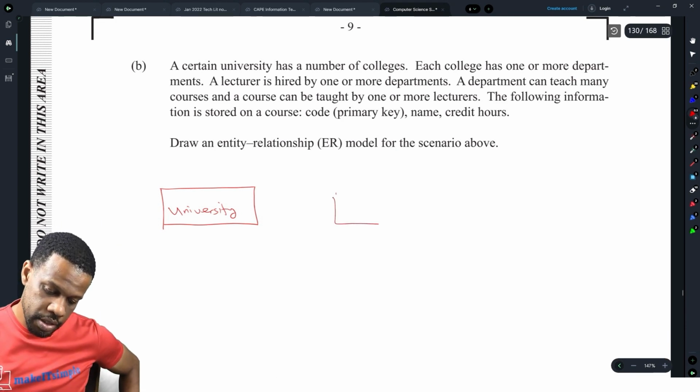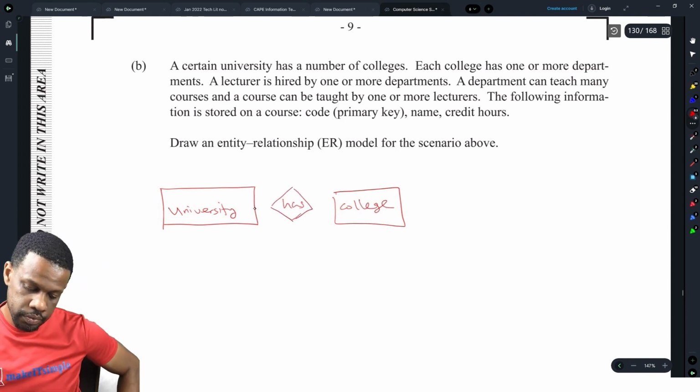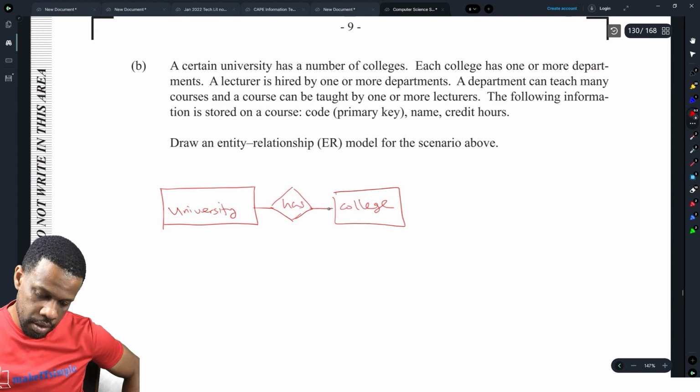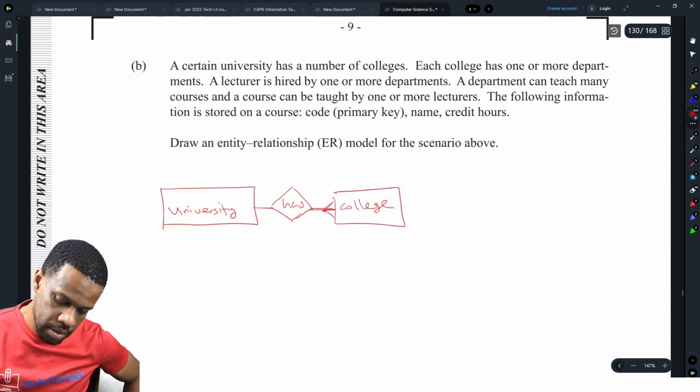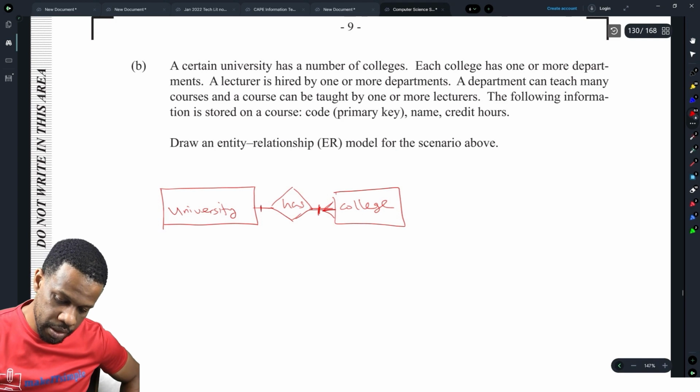Right, so one university has many colleges. We will put the 1 or many, and we'll put the 1. Each college has one or more departments. So each college could have many departments.